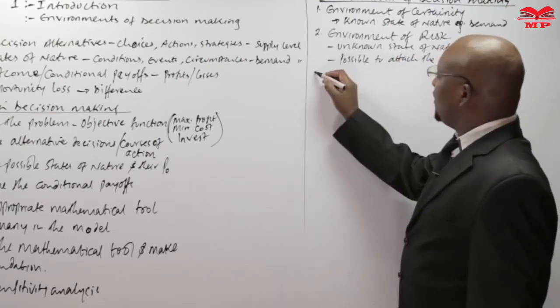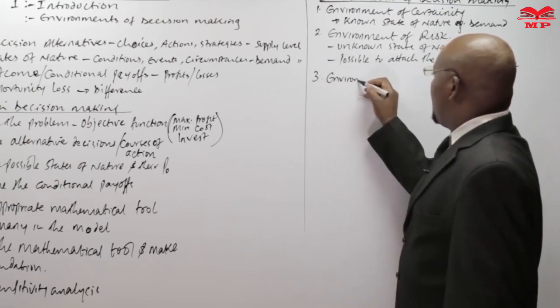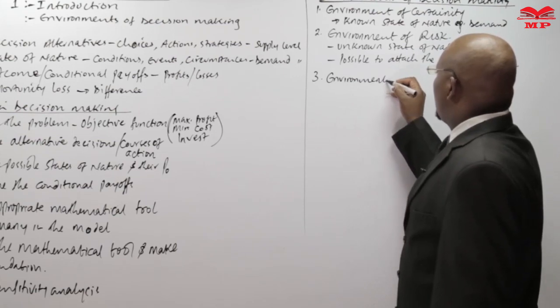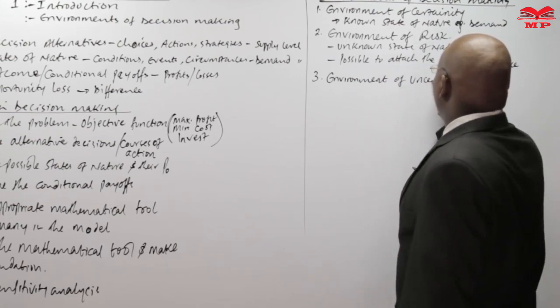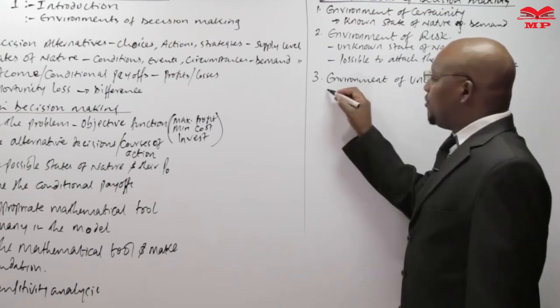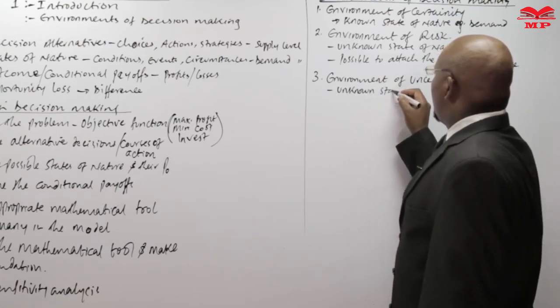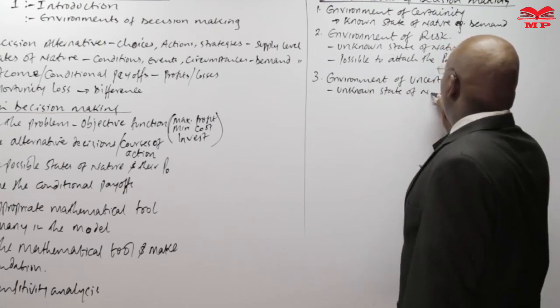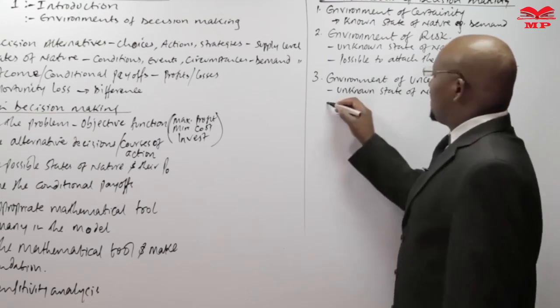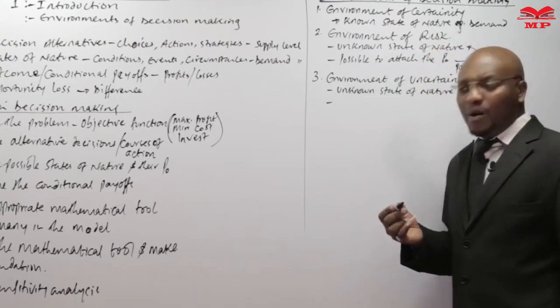Then the number 3 is environment of uncertainty. Now, this environment also we have unknown states of nature, but we have impossibility of attaching probability.